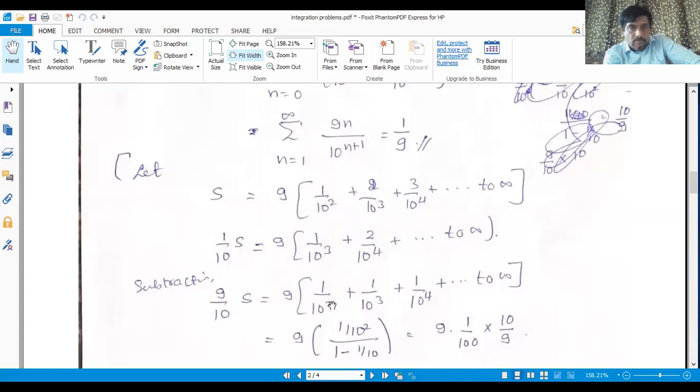In this way, you get 1 by 10 square, 1 by 10 cube, 1 by 10 power 4, etc. It is a geometric series.